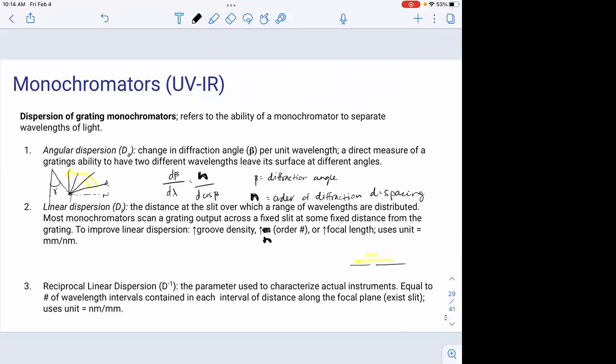This is pretty straightforward, I think. So the linear dispersion is equal to the change in y, which is the change in distance across the focal plane.